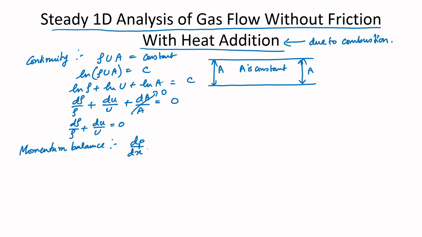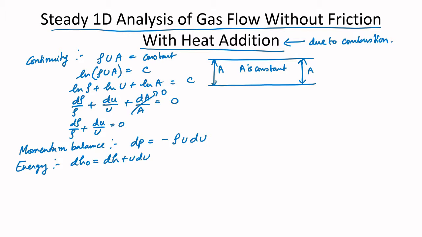I can write dP dx, or if I just write dP is equal to minus rho u times du, mass per unit volume times the acceleration. And I can write the energy in just the form of dH0 is equal to dH plus u du, where H0 is the stagnation enthalpy or total enthalpy.